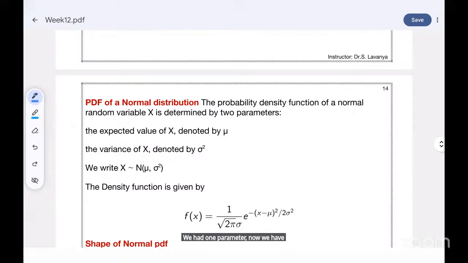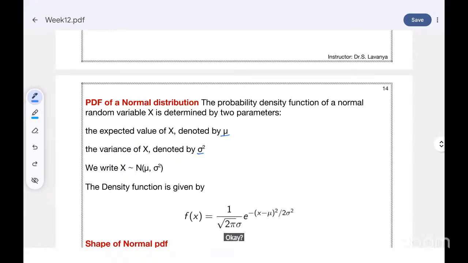Now we have two parameters. The first one is mu and the second one is sigma. So mu is the mean and sigma is the standard deviation, and sigma square is the variance. So usually we represent the normal distribution using N of mu comma sigma square.